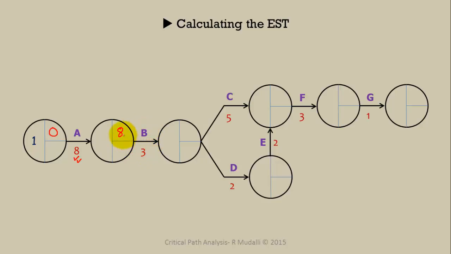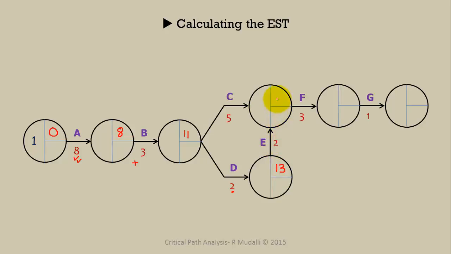So 8 plus 3 gives us a total of 11 days. Now 11 days added to the duration of activity D, which is 2 days, gives us a total of 13 days. And here 13 days added with 2 days gives us a total of 15 days.